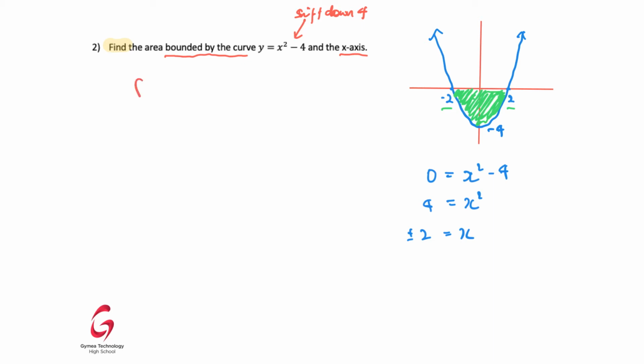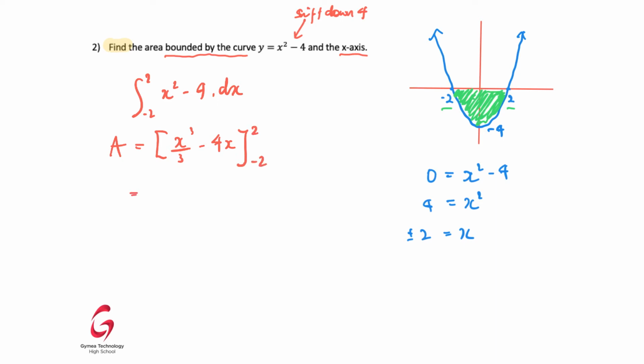All right, so we're going to integrate this function between 2 and -2, and the function is x squared minus 4. That's all we're going to have to do, and then we're going to take an absolute value at the very end. Okay, so integrating the function now, add 1 to the power, divide by the new power. And now we're going to substitute between 2 and -2.